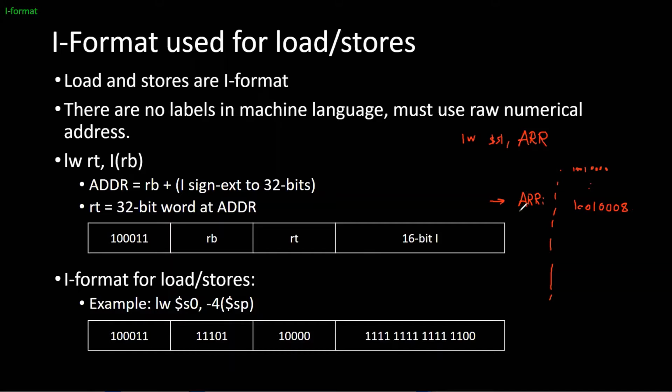When you put the label here, it's just going to mark this location. What I mean is that when it's trying to assemble this, whenever it reaches somewhere that you're using this label, it's going to look up what this address is in memory, and it's just going to replace it. So it's just going to take this number and put it here.